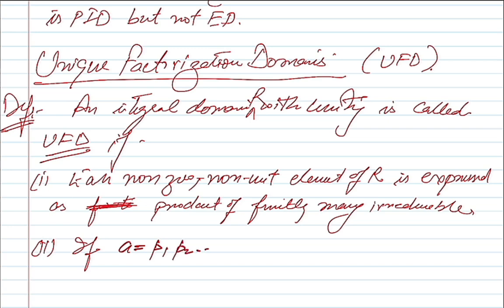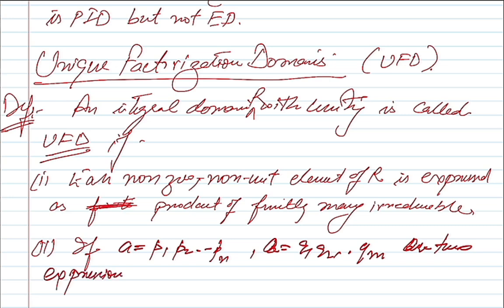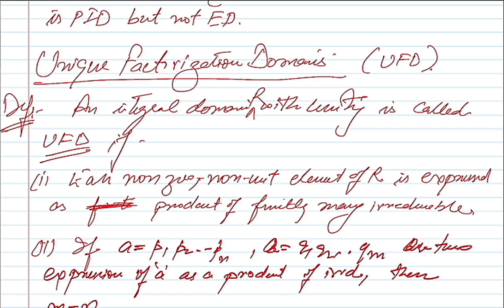If A is P1, P2, ..., Pn and A is also Q1, Q2, ..., Qm, two expressions of A as a product of irreducibles, then m should be equal to n, and for each i, Pi is associated to Qj for some j.